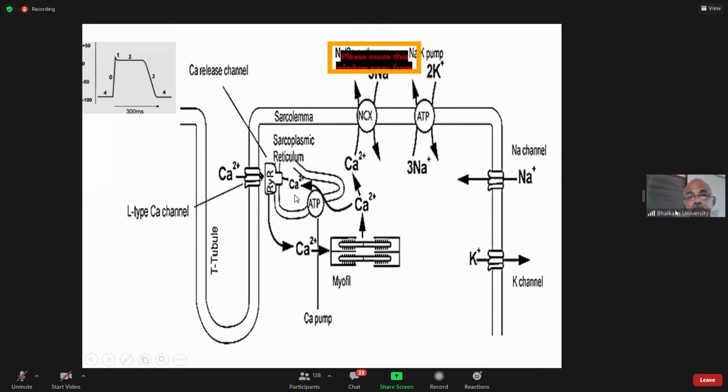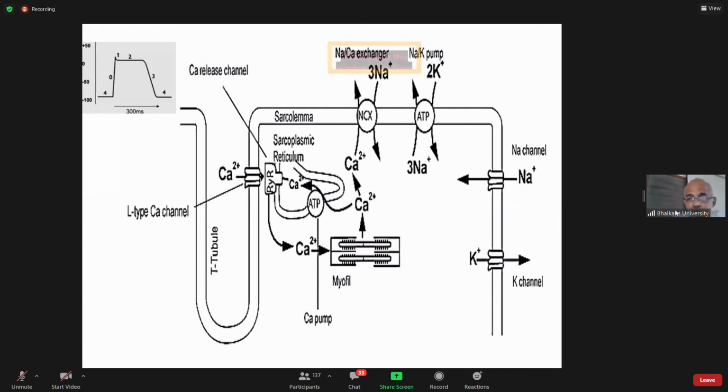The activation of this ryanodine receptor channel will cause a release of more calcium ions from the sarcoplasmic reticulum. A spark of calcium ions will be released. The calcium ions will bind to troponin C and result in the cross-bridge cycle.